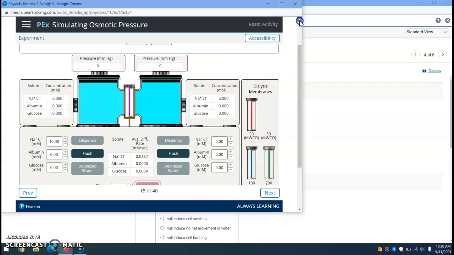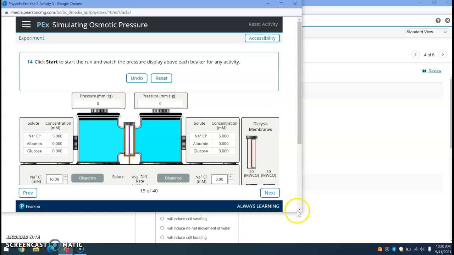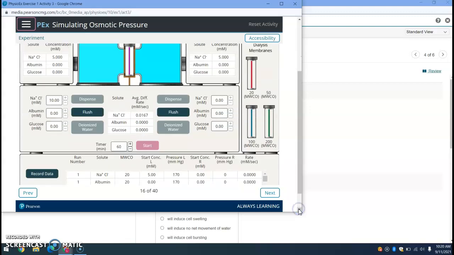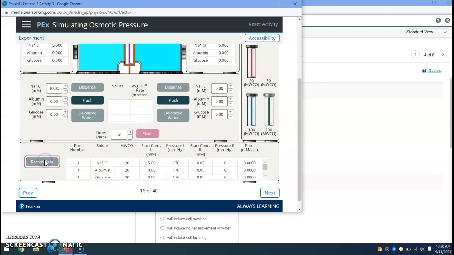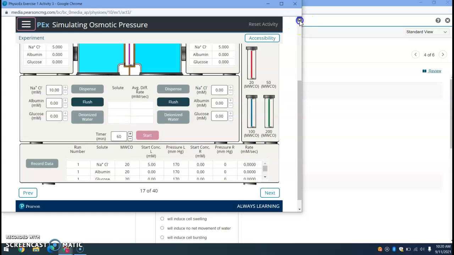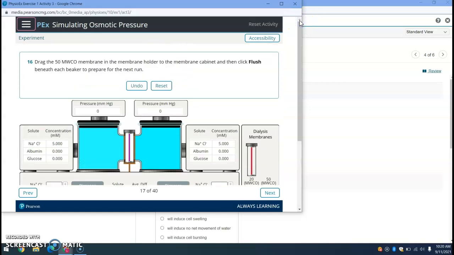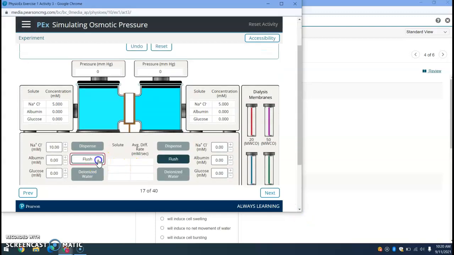So what does it say now? It says click Start. We did that. Click Record Data. Excuse me. And we did that. And then drag this 50 molecular weight membrane over here, and then click Flush in both beakers.